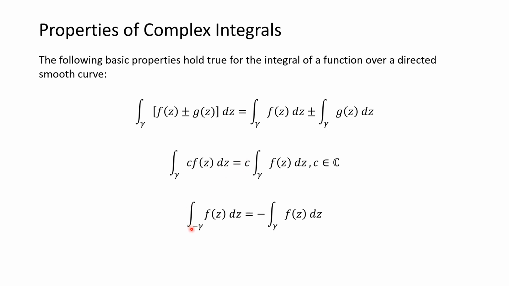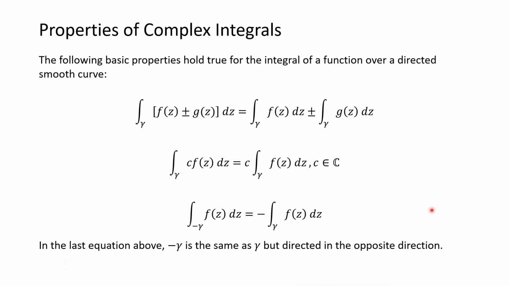And then this one's kind of new. If you take the integral over minus gamma, which basically means going in the opposite direction from what you've defined for gamma, then you just get negative the integral over gamma of f of z. That's sometimes useful. If you want to change direction, you can just compute one or the other integral, and you'll get the other one automatically just by changing the sign.